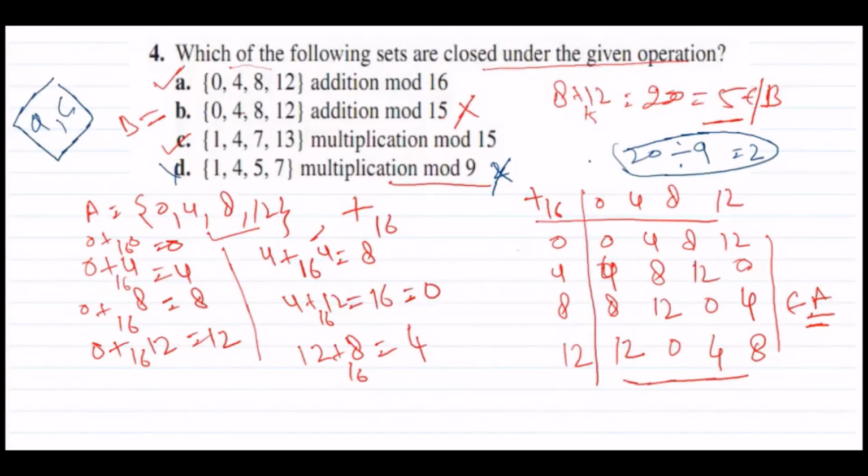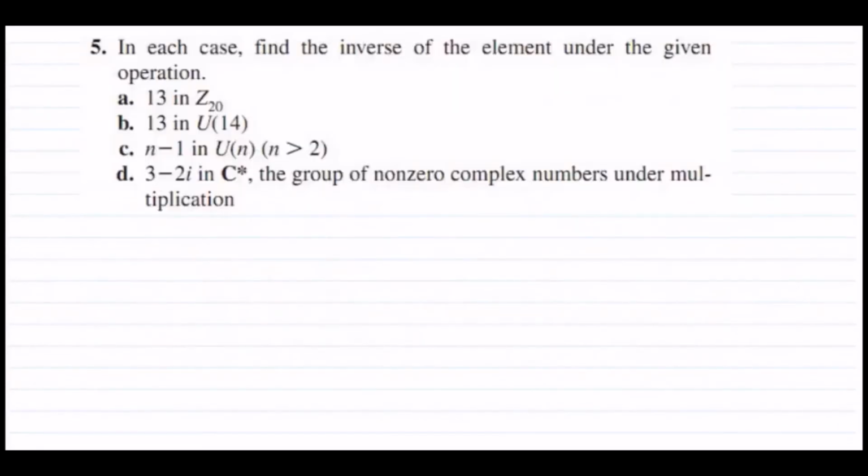So let us take the next question. In each of the following cases, find the inverse of the element under the given operation. When we write Z20, it means we are talking about the operation under addition, so 0, 1, 2, 3, up to 19.